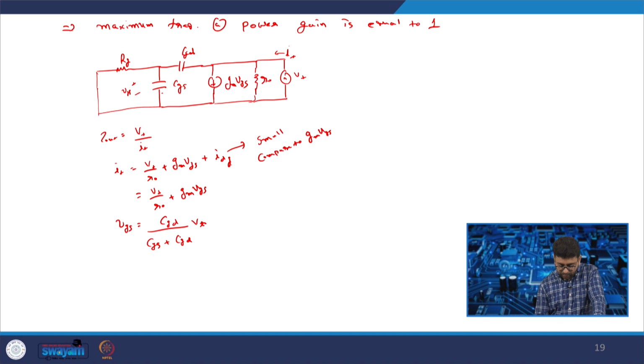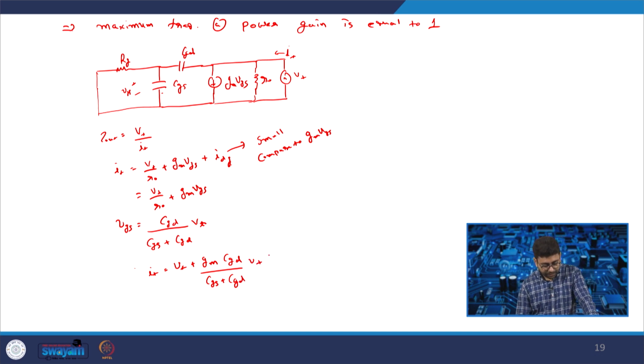So, if we put this VGS in this equation, we will get IT which is equal to Gm into CGD by CGS plus CGD into VT, plus VT by RO.